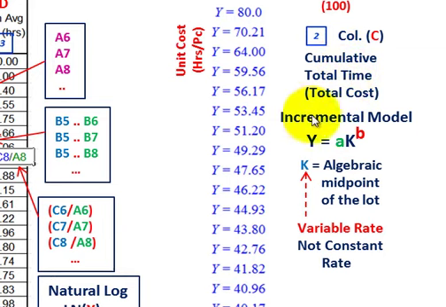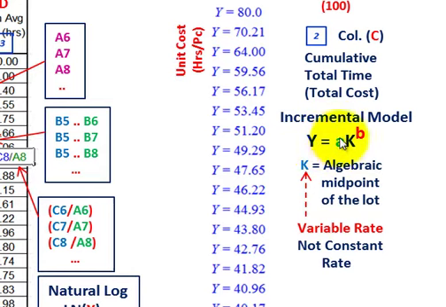But we're dealing with the incremental model, and there are some ramifications to that, and it's more difficult to come up with the cumulative total time. It's easy to work with in Excel, but if you're putting it into one of these functions, we're going to have to look at that more thoroughly, because it's quite an elaborate calculation if you're just going to put it into your calculator.